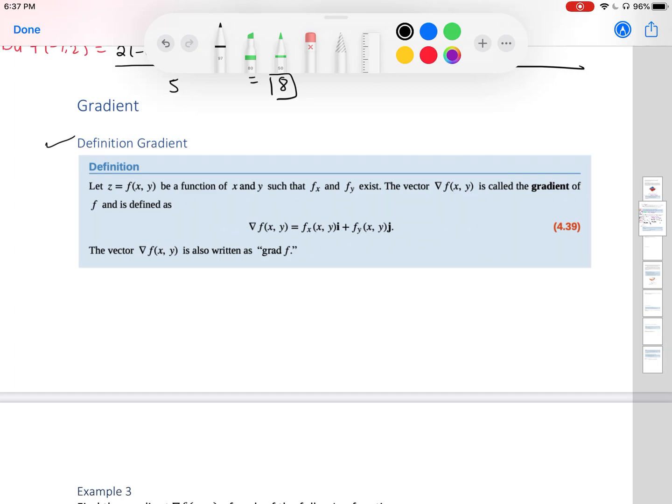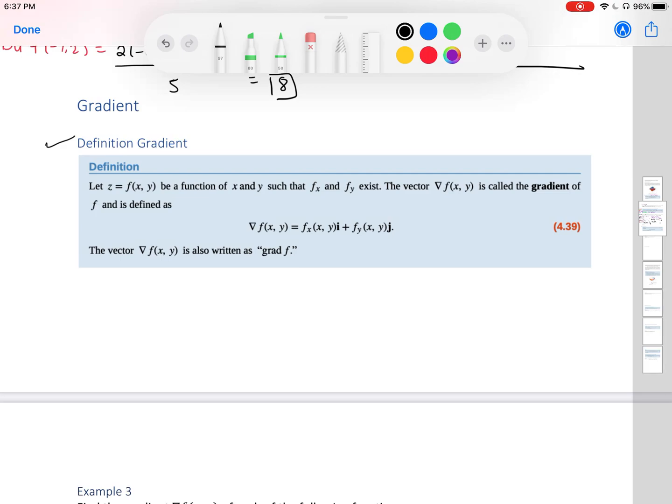The vector del f of x comma y is called the gradient of f and is defined as del f of x comma y equals the partial derivative with respect to x of f(x, y) times i plus the partial derivative with respect to y of f(x, y) times j.